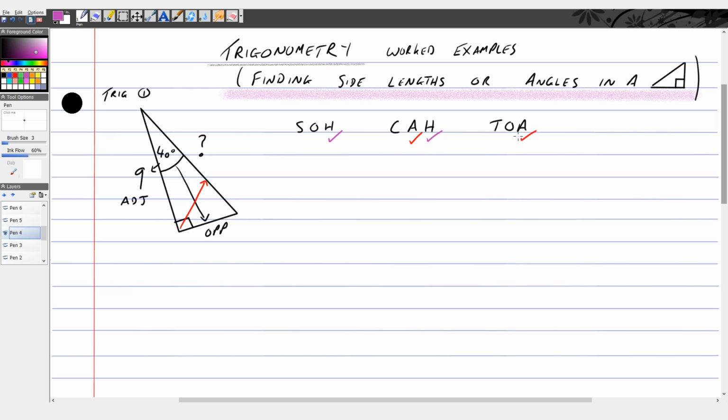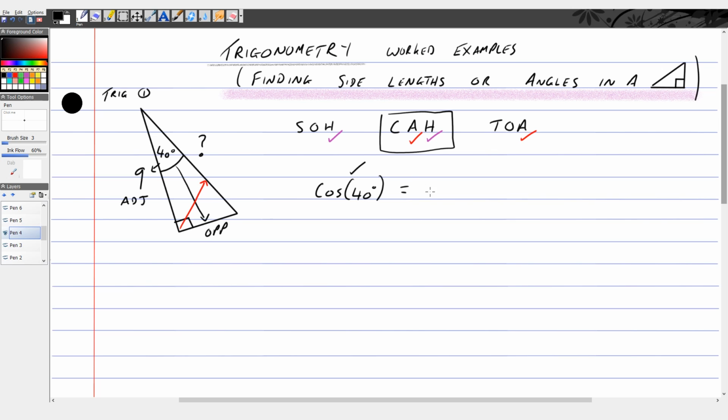Tan doesn't have hypotenuse in it. So the only function that has both of the sides that we're interested in, as in the adjacent, which we're told is 9, and the unknown, hypotenuse, is the cos function. So we know this is a cos or a cosine question. So all we can say is the cosine of 40 degrees, which is a known number. We know what it is because a calculator will tell us what it is.